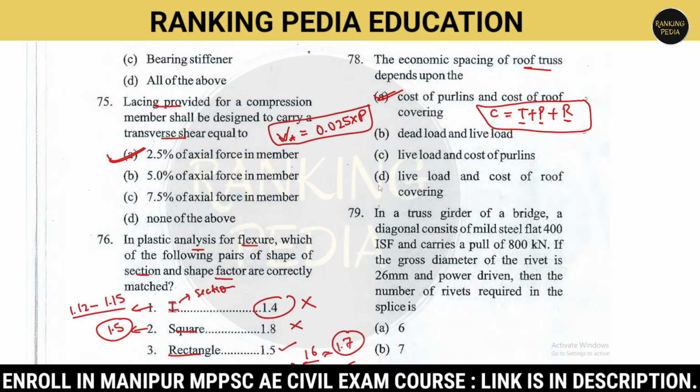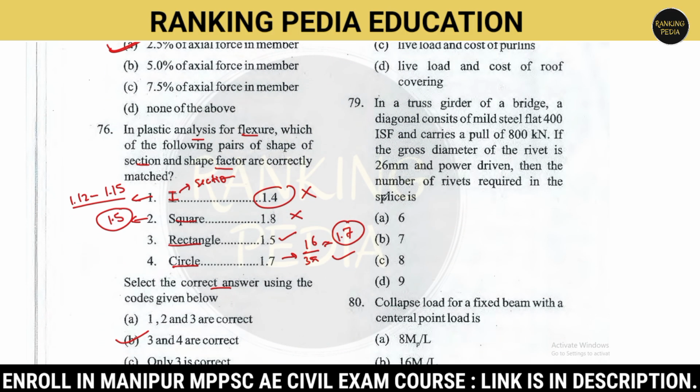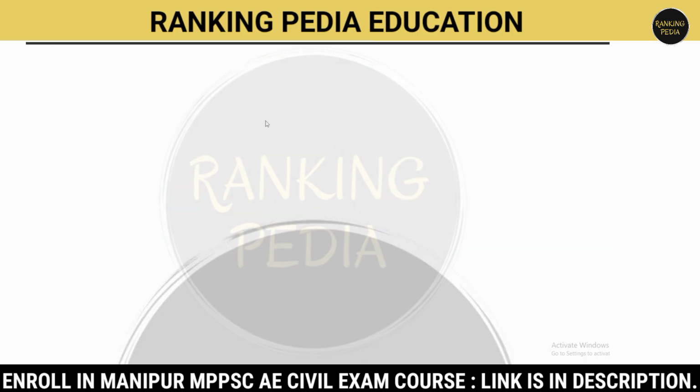Next question is question number 79. In a truss girder of a bridge, a diagonal consists of mild steel flat 400 ISF and carries a pull of 800 kilonewton. If the gross diameter of the rivet is 26 mm and power driven, then find the number of rivets required in the splice. We will note down the given data one by one.